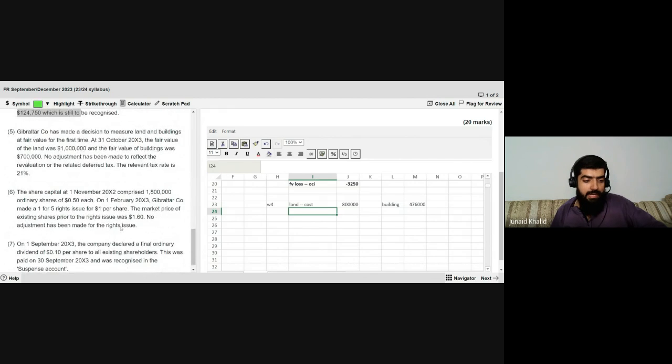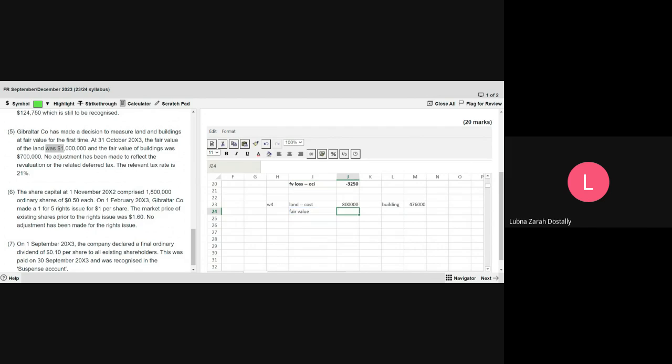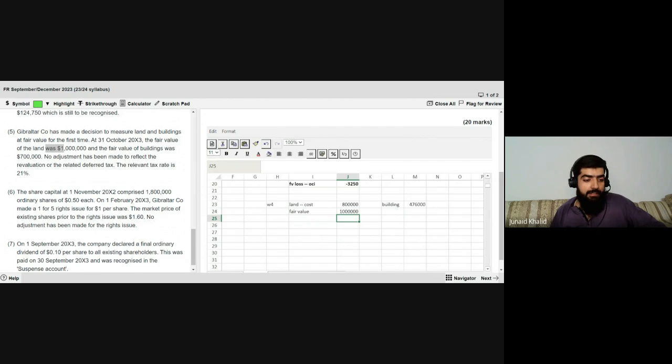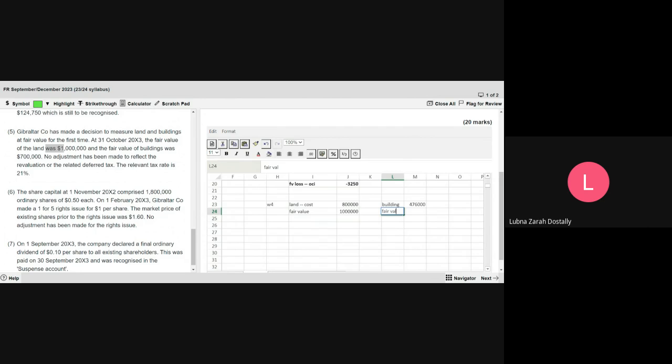Now what it says is that the company has valued them for the first time at 31st October. The fair value of land was 1 million. It means the fair value or the market value is 1 million, and the fair value of the building was 700,000.